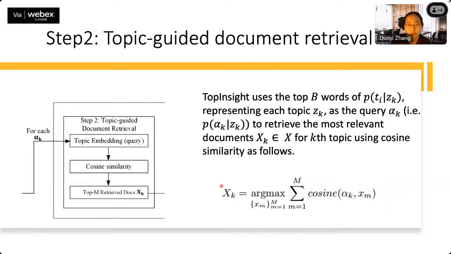Here we represent the retrieved documents in this format. Essentially, what we need is the top M documents that are most similar to the topic embedding.